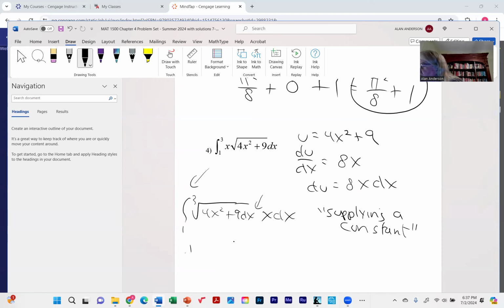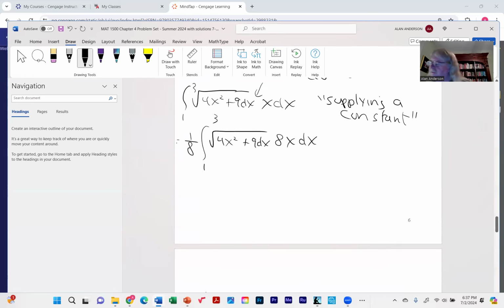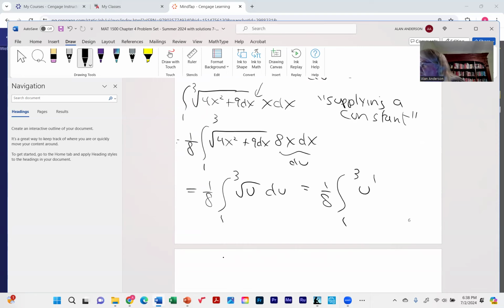We need the 8, so we'll have 1/8 times this expression. And the reason why this is important is because what we have now is all of a sudden we have 1/8. This is radical u. This is now simply du. Or we should probably rewrite it as u to the 1/2 du.